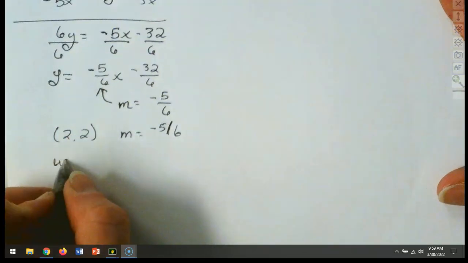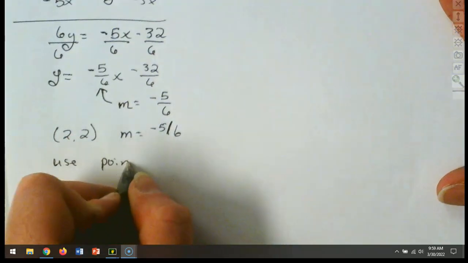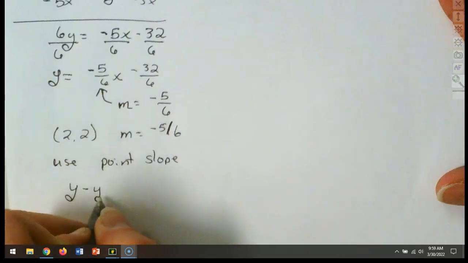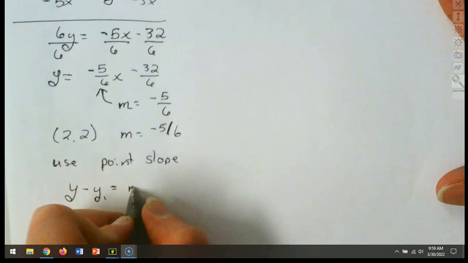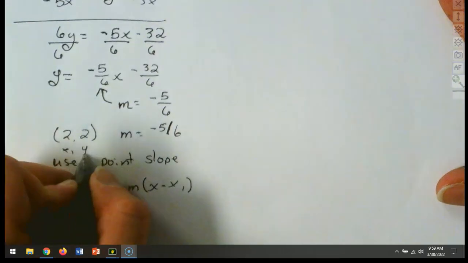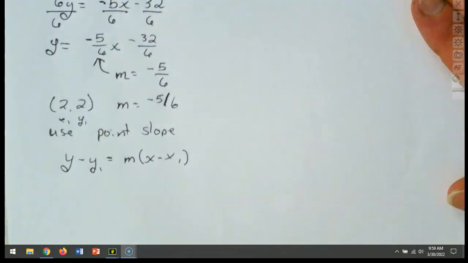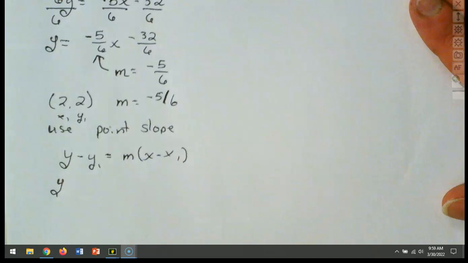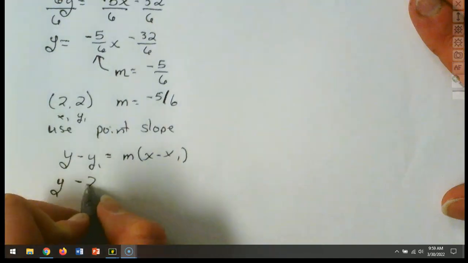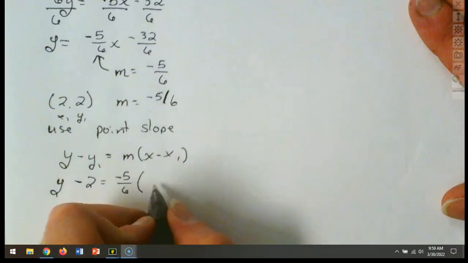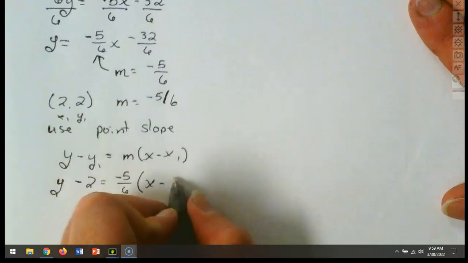We're going to use point slope. And that's y minus y1 equals m times x minus x1, and we fill it in. So no double negatives to worry about. So we have y minus 2 equals negative 5/6 times x minus 2, it looks like.